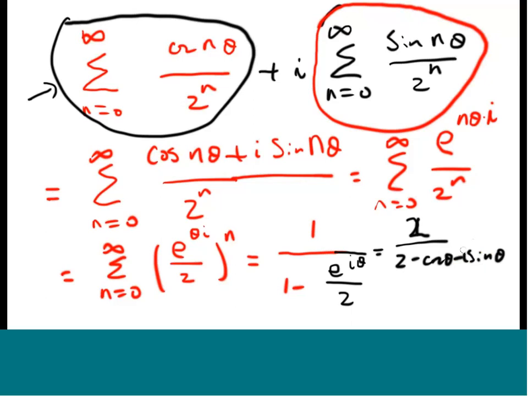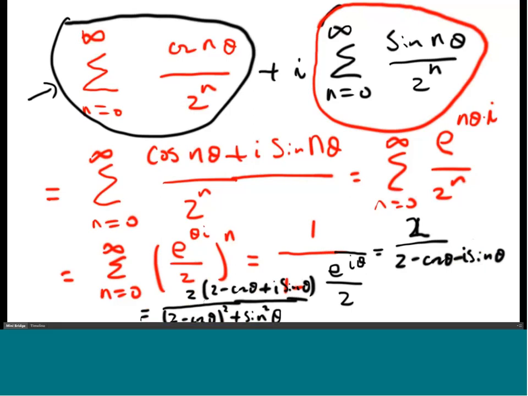Okay, let's continue. It equals 2 minus cosine theta, over 2 minus cosine theta squared plus sine squared theta, then 2 minus cosine theta plus i sine theta. So that will be the real part, that one.